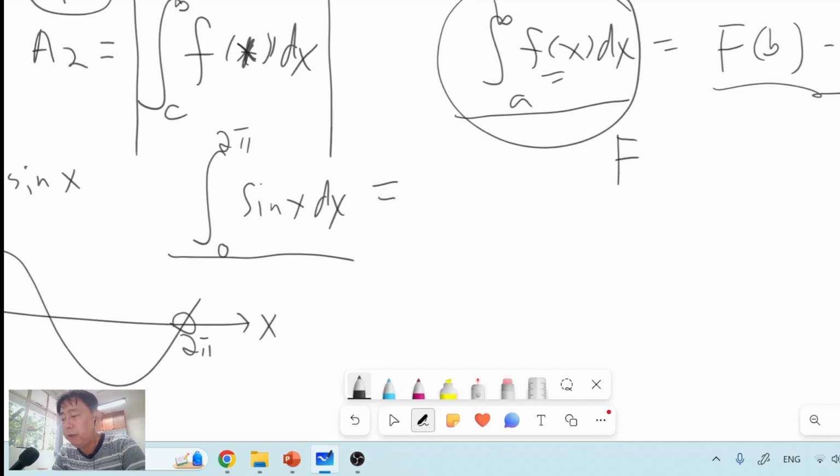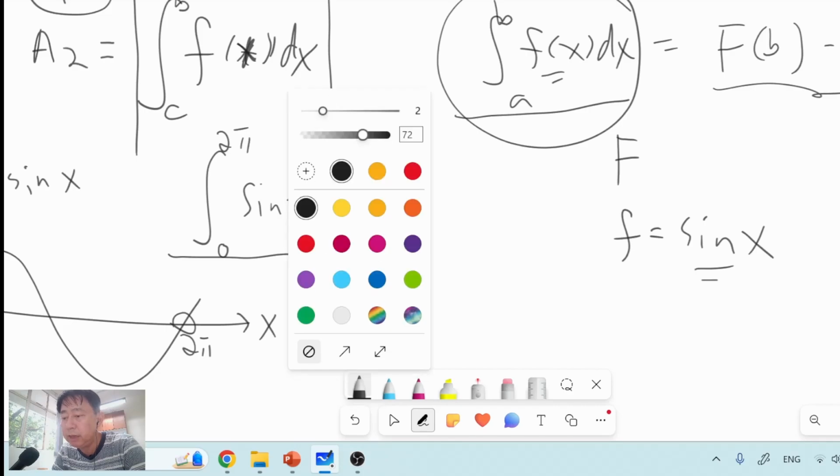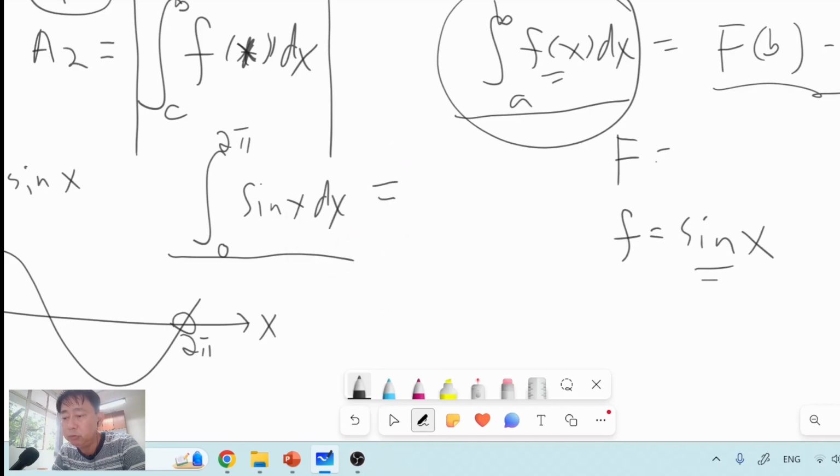So here you have to first find out what is the antiderivative of the sine function of x. Given small function as f, the antiderivative, which is capital F, is just equal to minus cos x. Minus cos x is the antiderivative of the small function f, because by taking the derivative of minus cos x, you will obtain sine x.